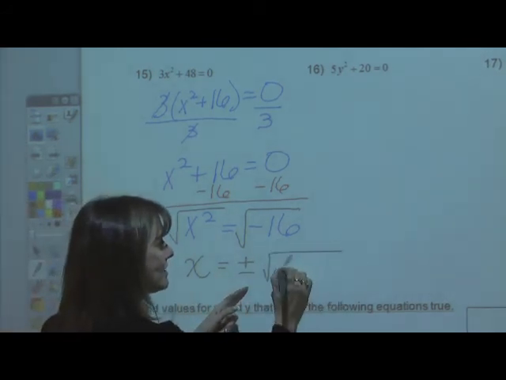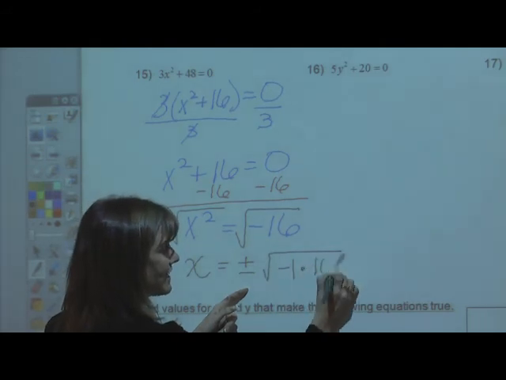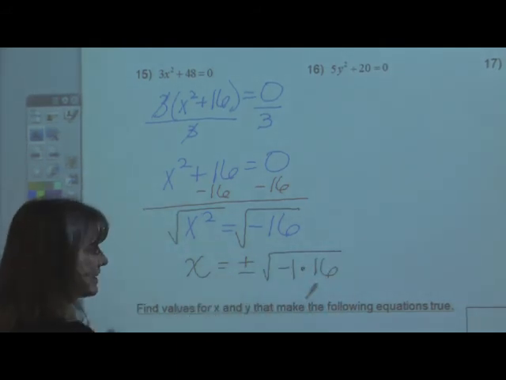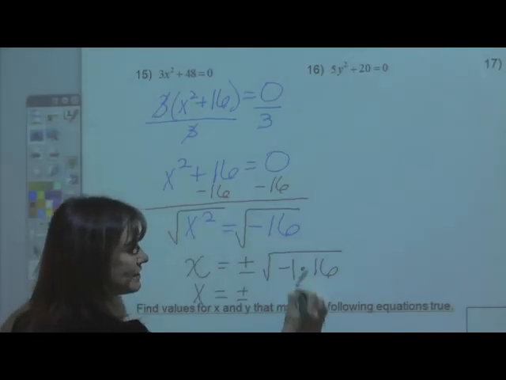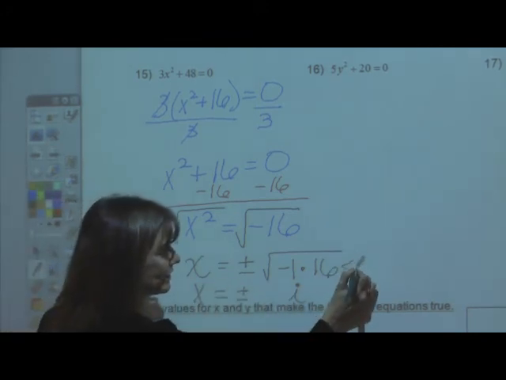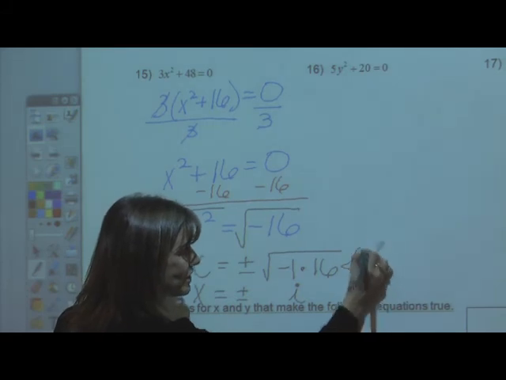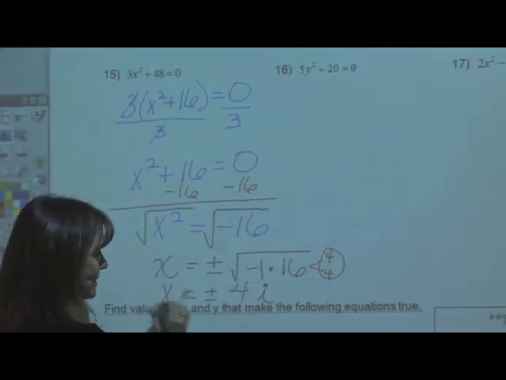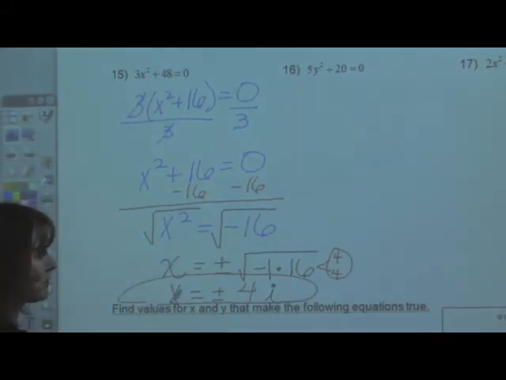What I have is a negative 1 times a 16. The negative 1 is an i. The 16 is a 4 times 4. That's matching numbers. For every two things that are the same, you get to bring it out once, and that's your final answer, plus or minus 4i.